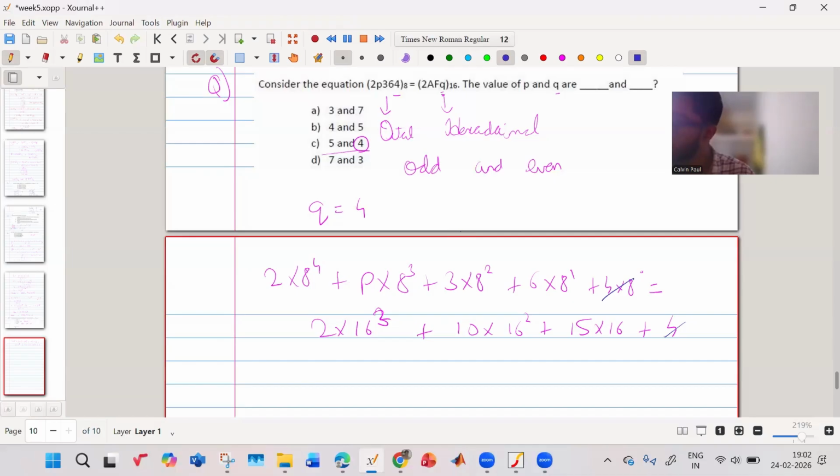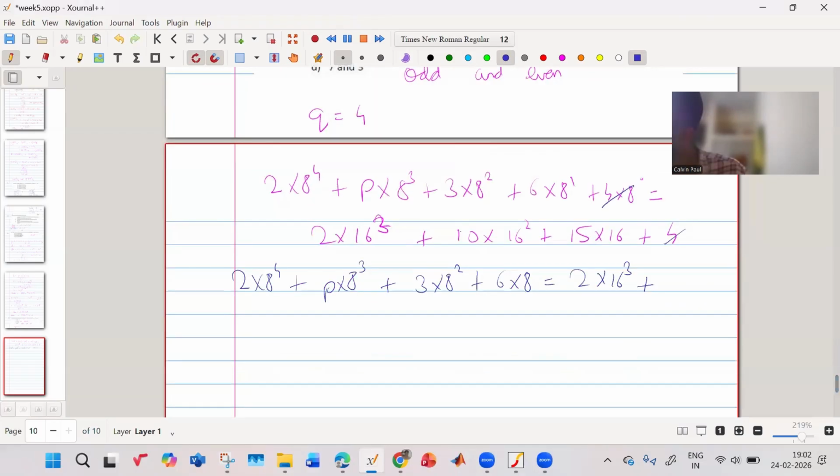Okay, let's try 2 into 8 to the power 4, plus P into 8 cube, plus 3 into 8 square, plus 6 into 8. This is 2 into 16 raised to 3, plus 16 square, let's convert to 8 square.